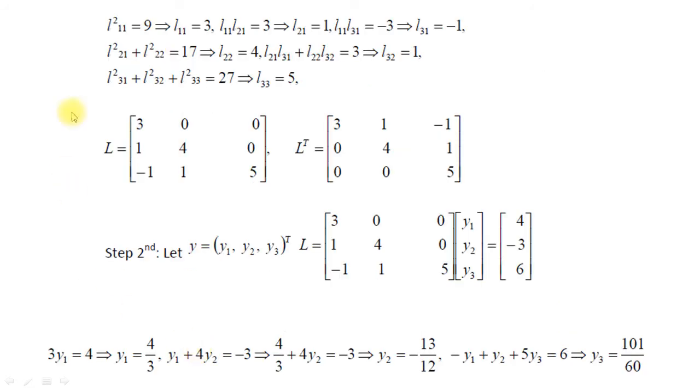So you see over here, this is the comparison, and I have already told you about this comparison in the previous slides. Now this is the lower triangular matrix, and this is the transpose of the lower triangular matrix.